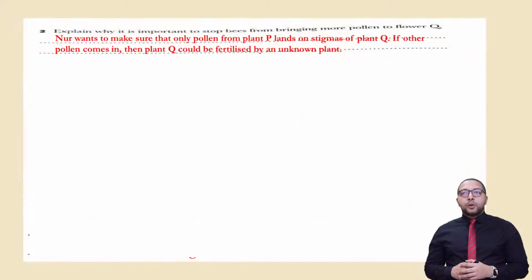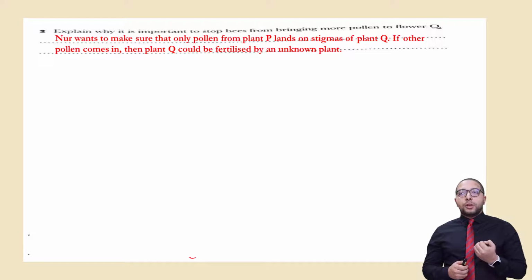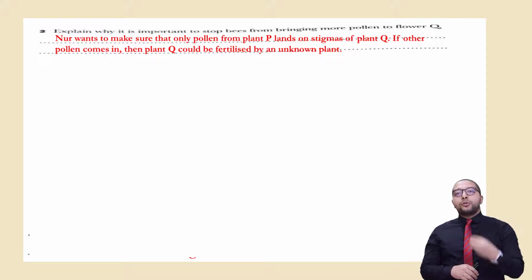Second question, explain why it is important to stop bees from bringing more pollen to flower Q. Because Noor wants to make sure that only pollen from the plant P lands on the stigma of plant Q. If other pollen comes in, plant Q would be fertilized by an unknown plant, which is not going to favor the character that Noor is seeking.